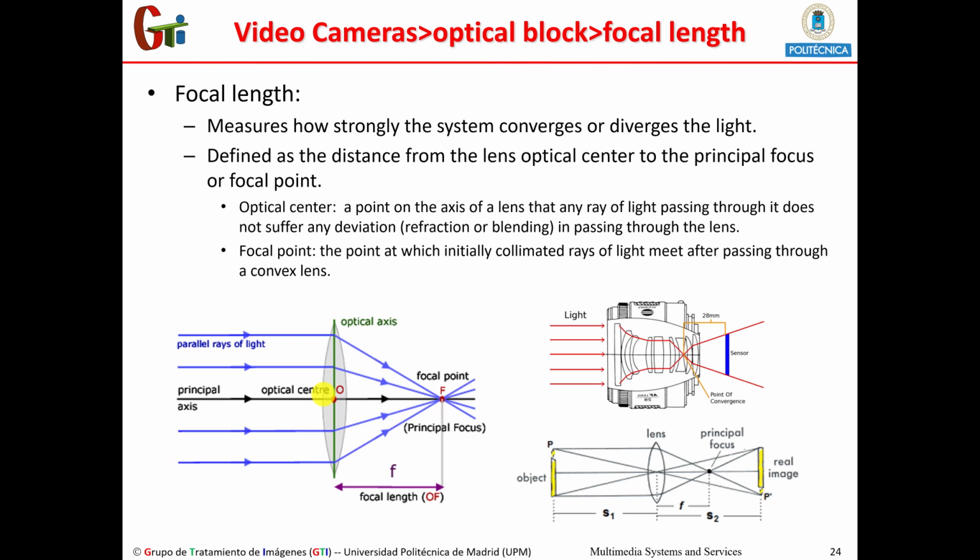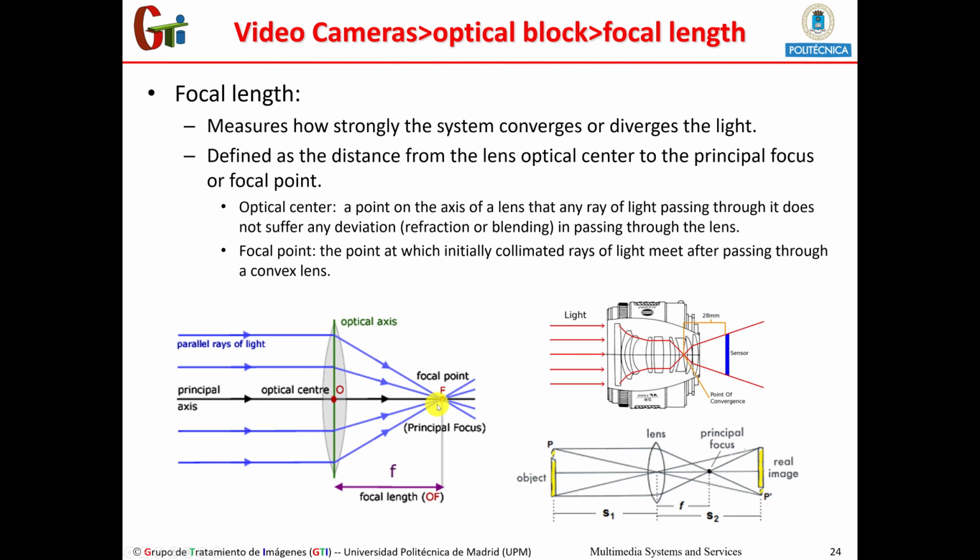Also, from a more technical point of view, we can define the focal length as the distance from the lens optical center to the principal focus or focal point. This is the optical center and the focal point or principal focus. So the focal length is precisely this physical distance.